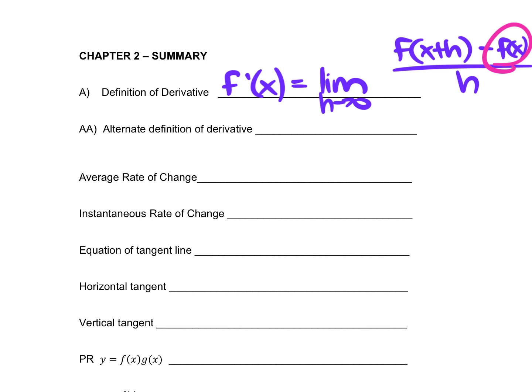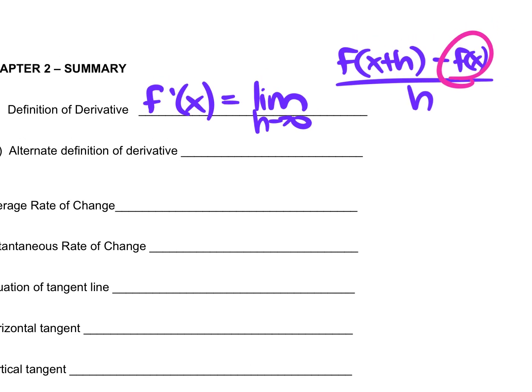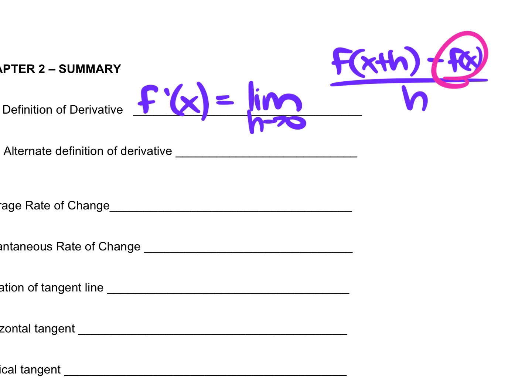The alternate definition was if we had a couple of these we saw in place of the x's, and this came up during limits as well. If you saw something that looked a little bit more like, I'm just using 2 for an example, we had limits that looked like this.